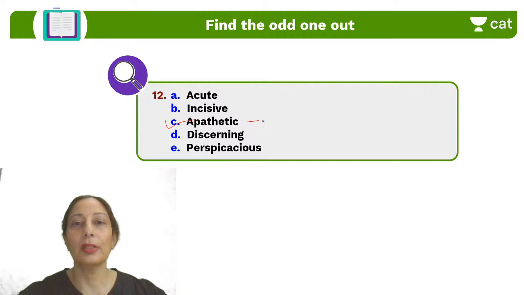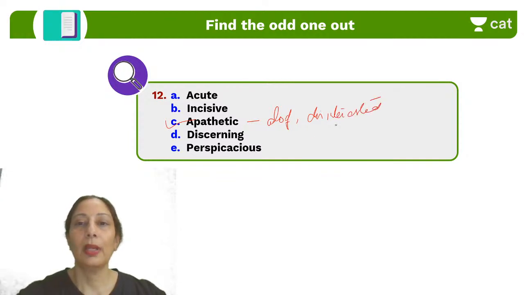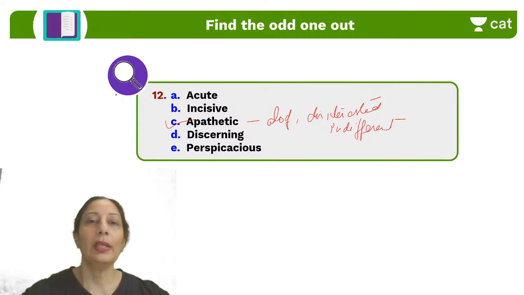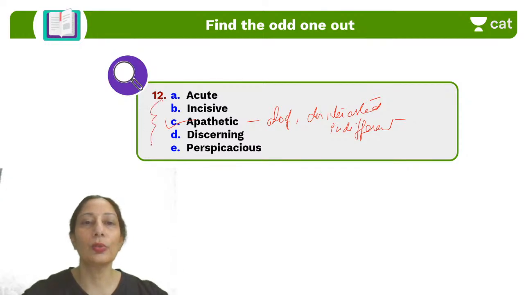Apathetic is a person who is aloof, disinterested, right? Indifferent. While the rest of them means a person who is very sharp, one who can discern things, that means see things with very sharp insight.